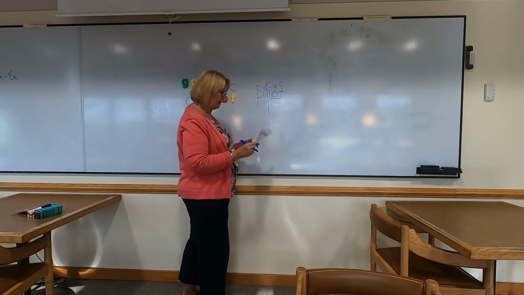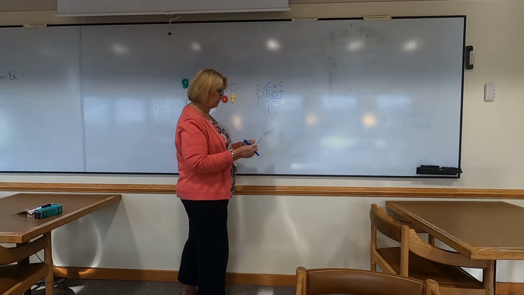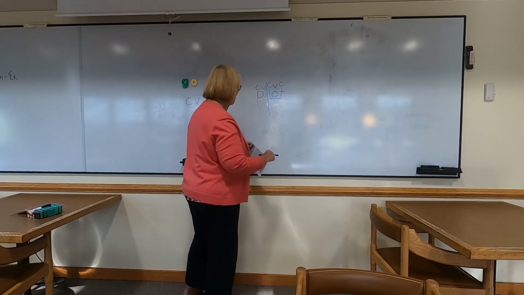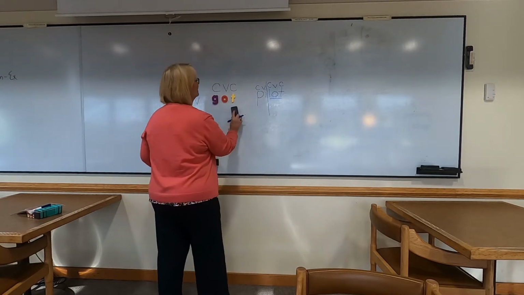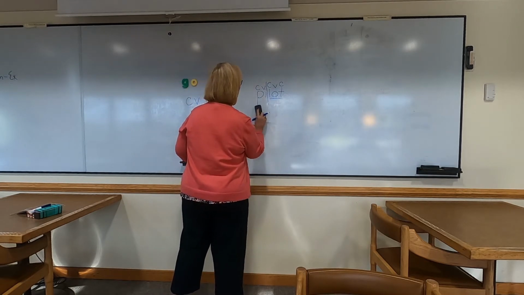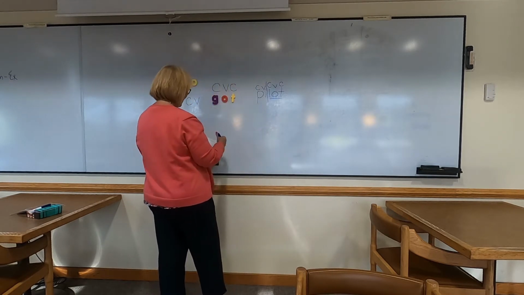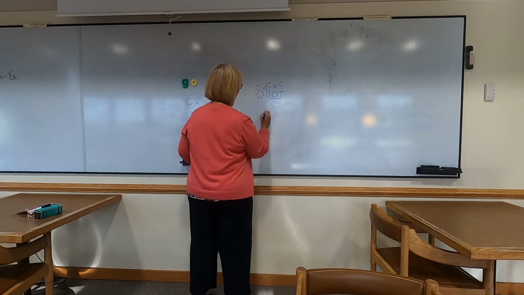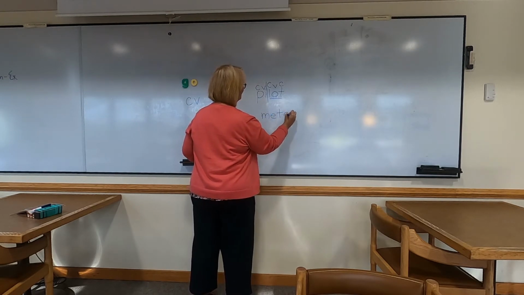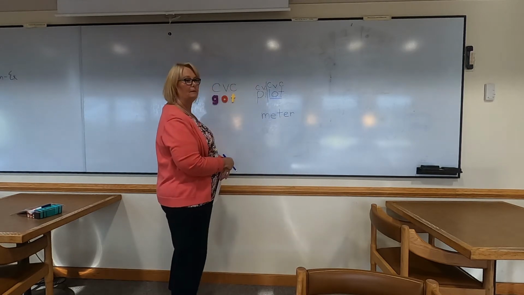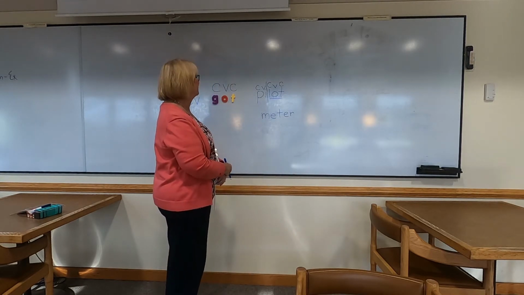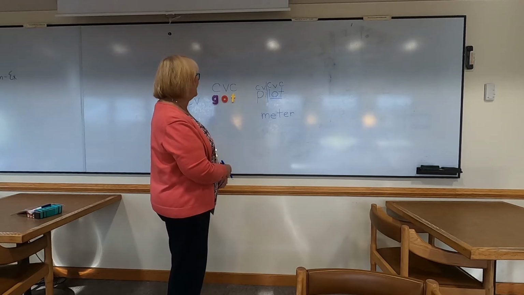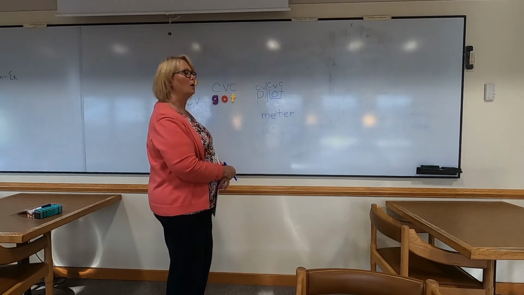We're going to try a couple others here and see if you can figure out what the word is. So that one is pilot. Let's try this one. Okay, so I see a word that I know in that big one.